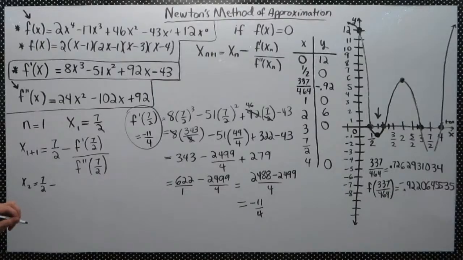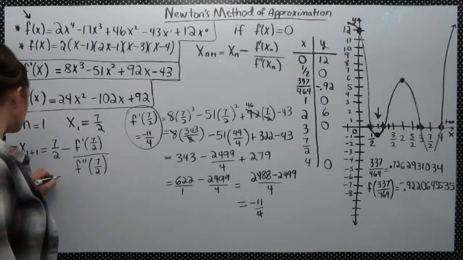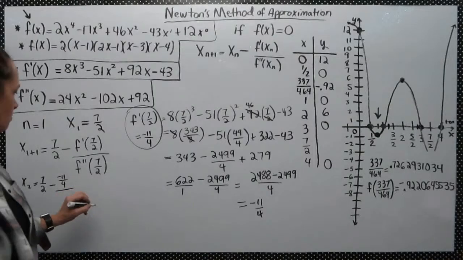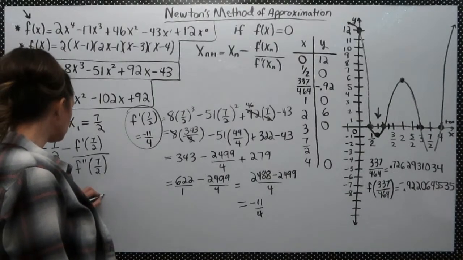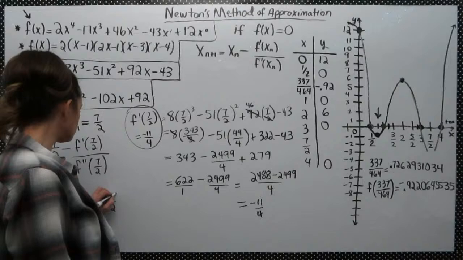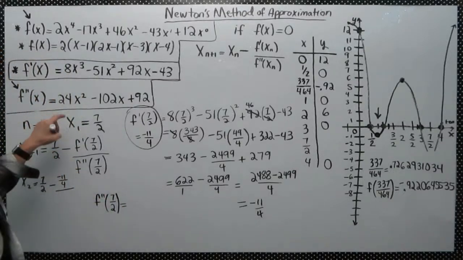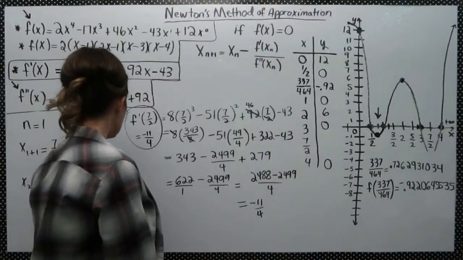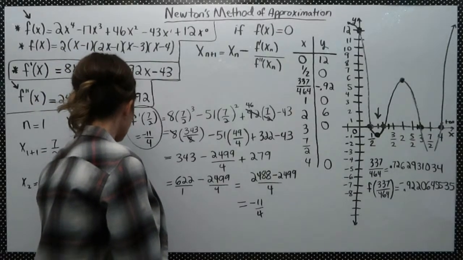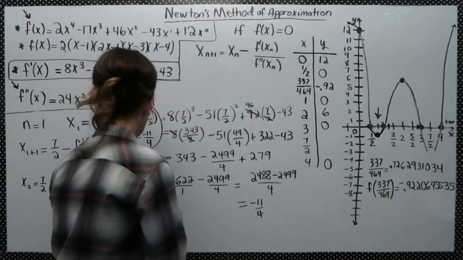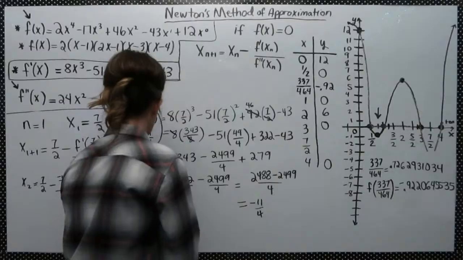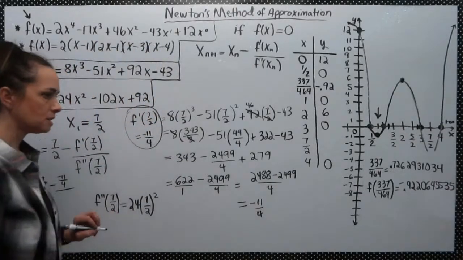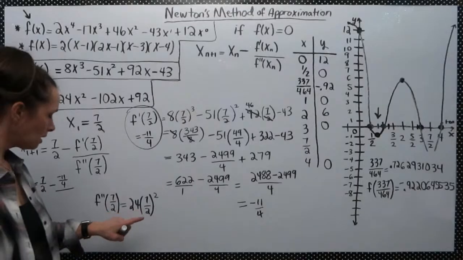And then this is negative 11 fourths divided by, and we have to figure out the double prime. Let's see if we can get it in here. F double prime of 7 halves. So that's 24. I am out of practice, I'll tell you what. Making myself do this, even doing math a couple hours a day, I'm realizing how out of practice I am. I've got to get in shape.